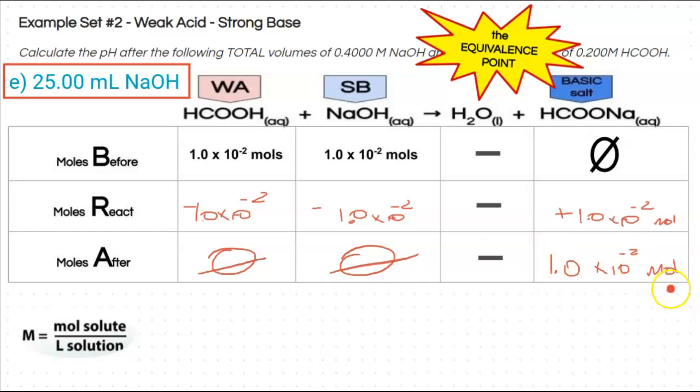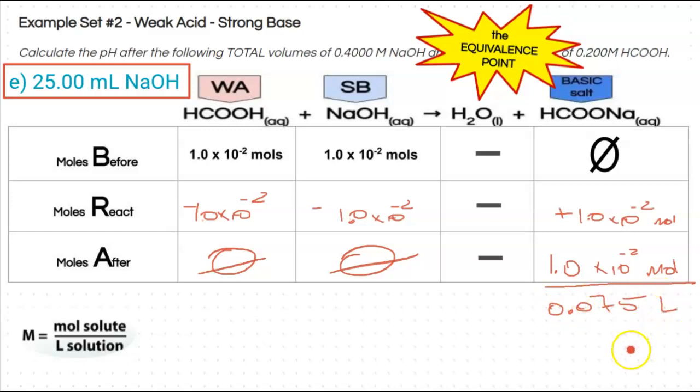I still need to find a pH, which means I'm still going to need a concentration. So I'm going to divide my mole value of 1 times 10 to the negative 2 by the total solution volume, which is 75 milliliters, the 50 milliliters of acid plus 25 of the hydroxide, and that is 0.075 liters.